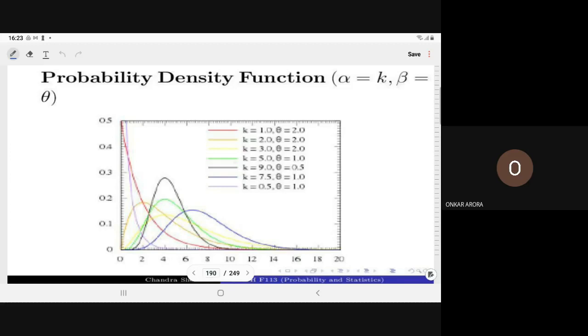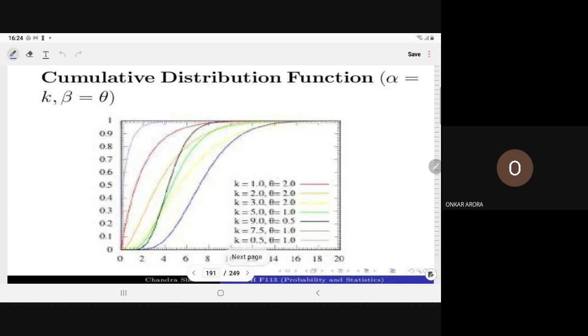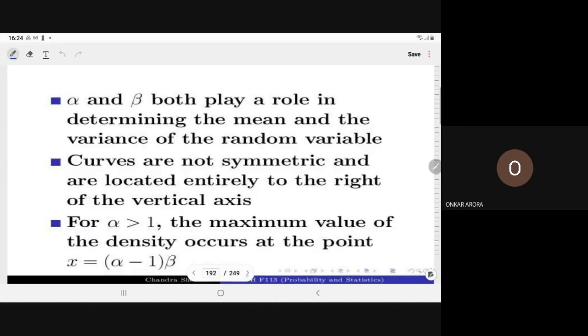Here we have the parameters k and theta, just for your reference. For different values of k, theta or alpha, beta, we have the following shapes. For more combinations we have this graph, and this is the shape of the CDF. Here you can also notice all the graphs are non-decreasing.